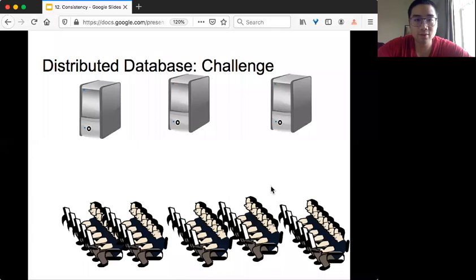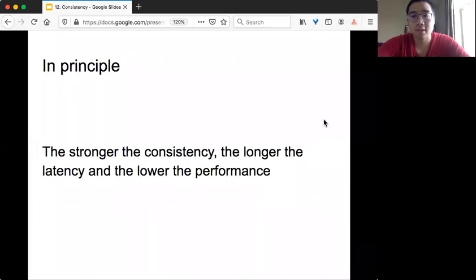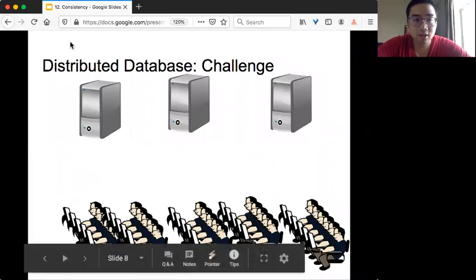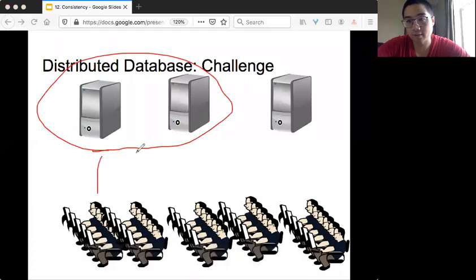Okay, now let's look at one of the biggest principles: the stronger the consistency is, the longer the latency and the lower the performance. So why is that? Usually when we require strong consistency, the writer that tries to write some value needs to contact at least a quorum of servers.